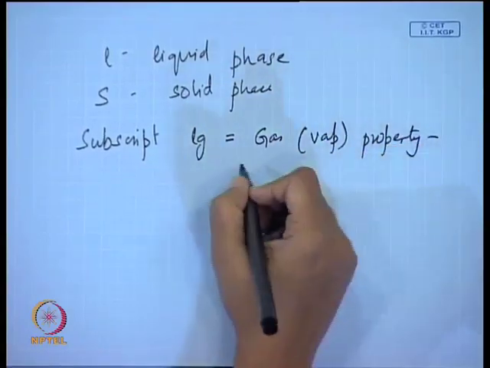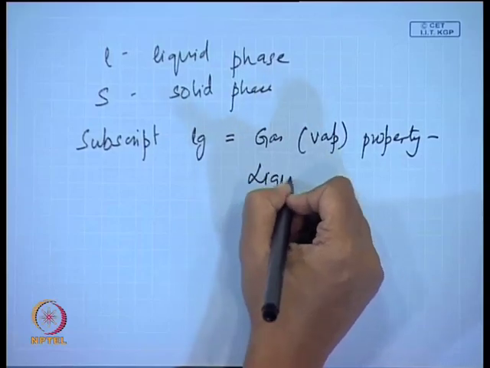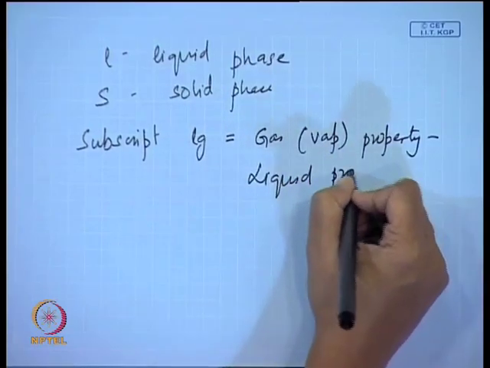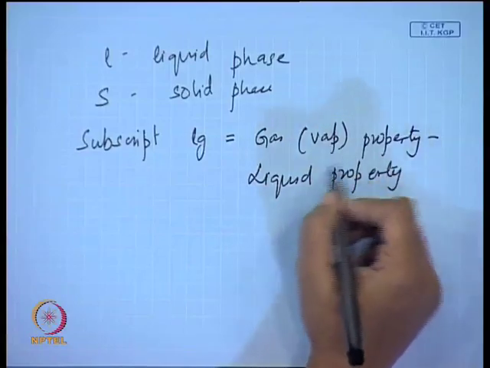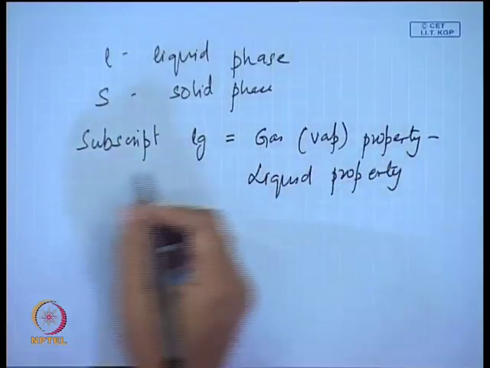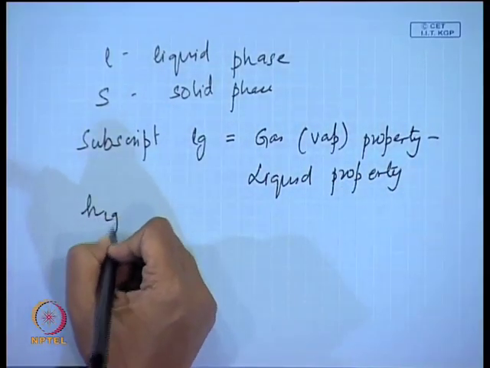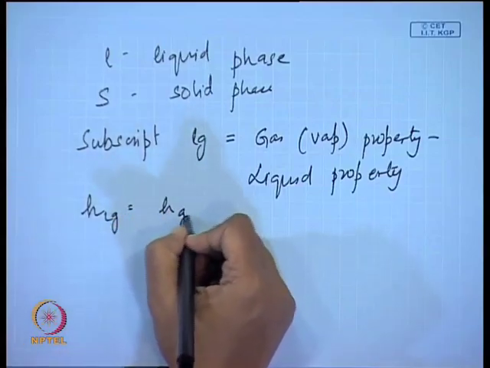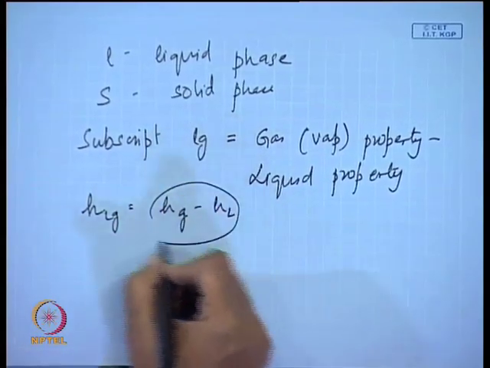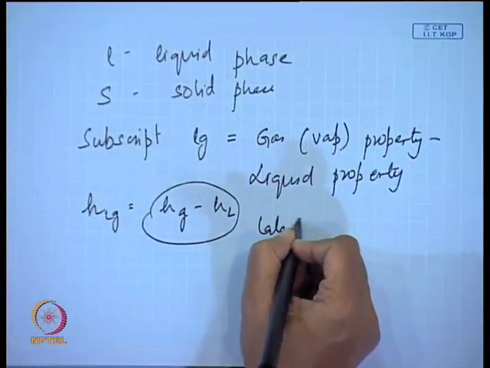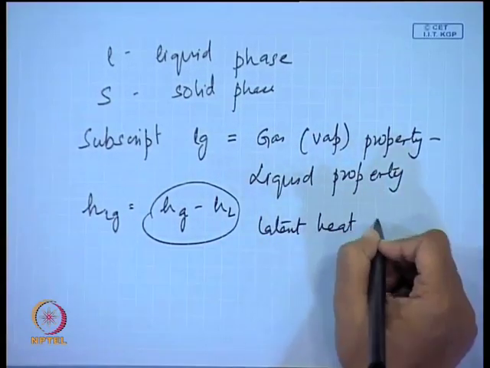You know most of the things, but I would like to repeat it just so that you are cautious while using it. It is just the difference between the gas property and the liquid property. For example, when we say HLG, it is nothing but Hg minus HL, and therefore this is nothing but the latent heat of vaporization of this particular liquid.